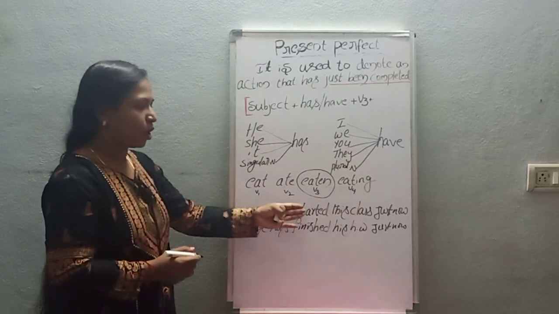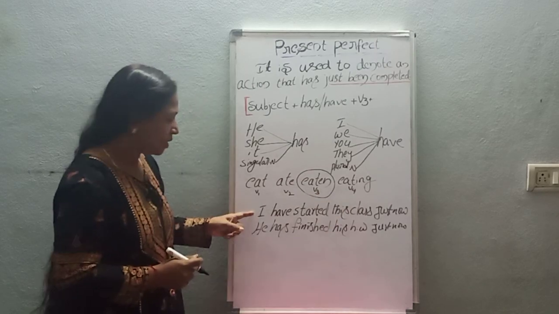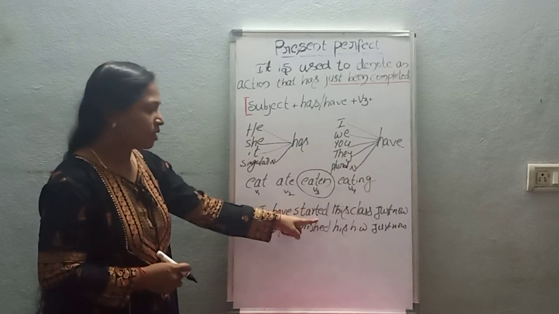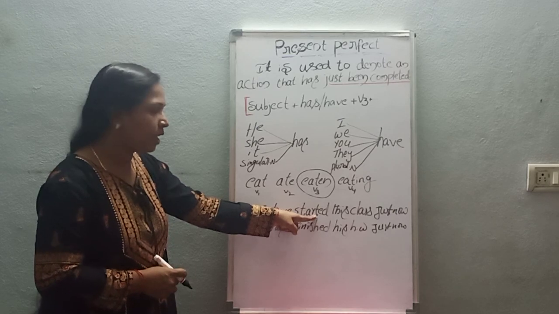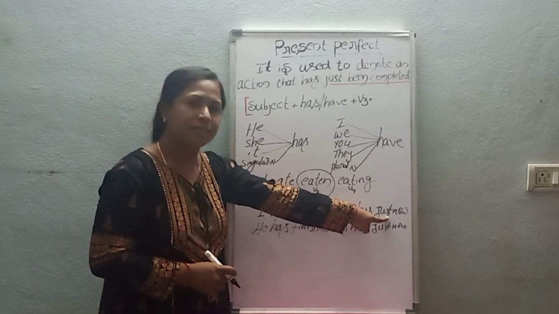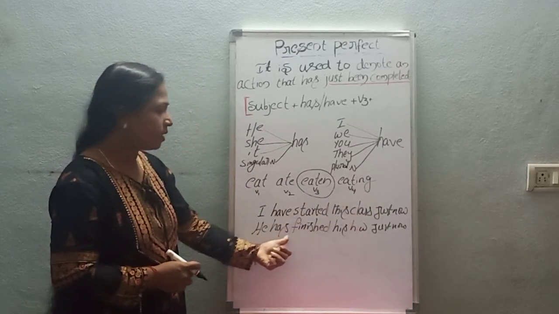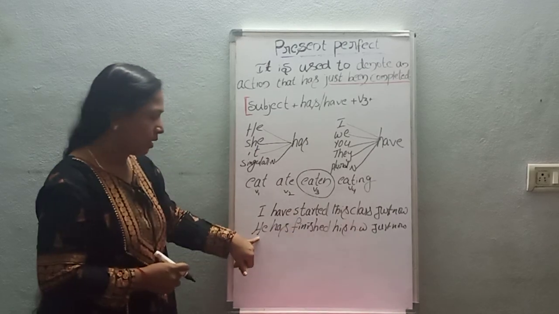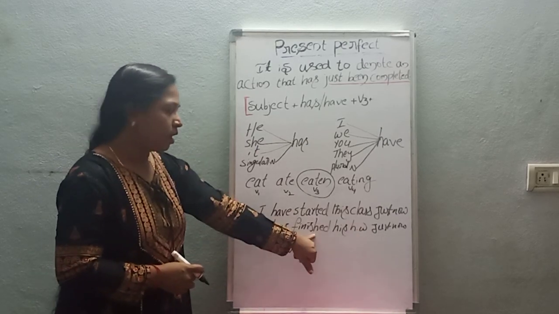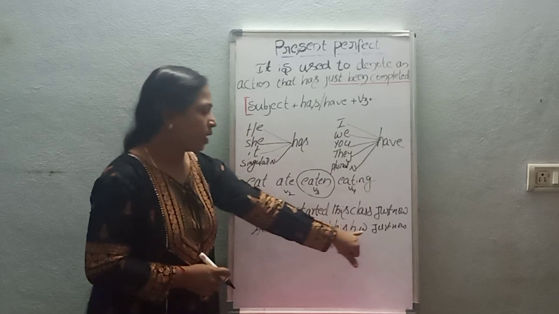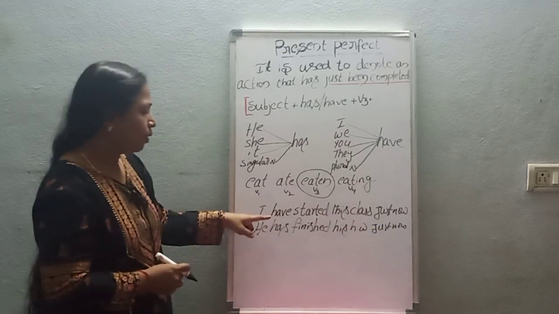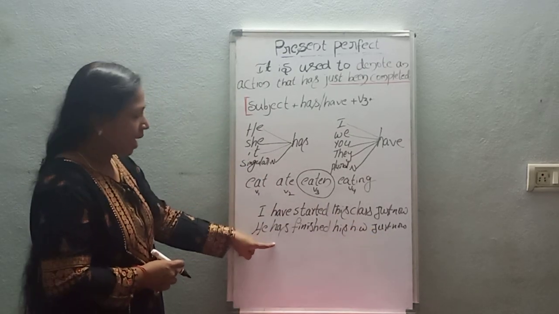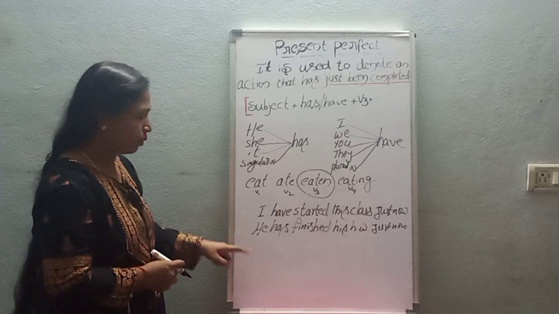So, I have started this class just now: subject, have, and the third form of the verb V3, and the clue is just now. He has finished his homework: subject, has, finished, the V3 form, and the clue is just now. I use have for I, has for singular noun.